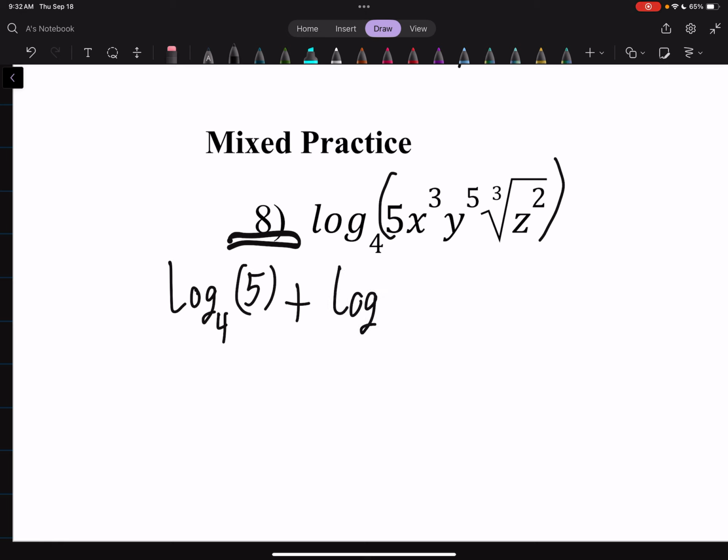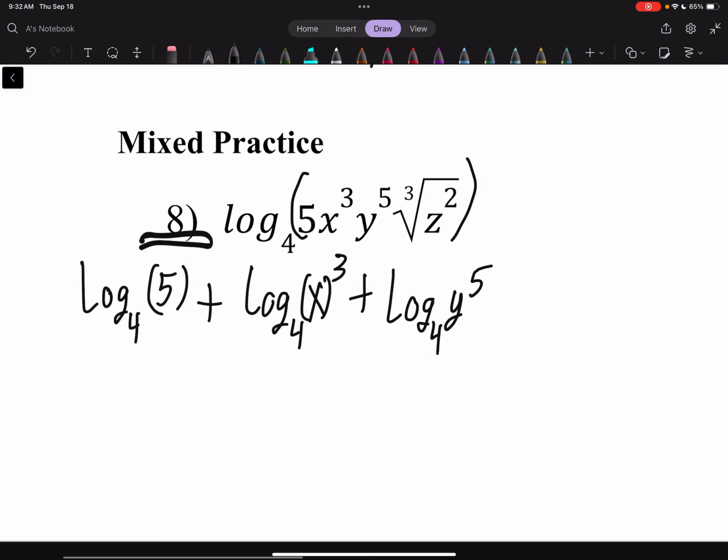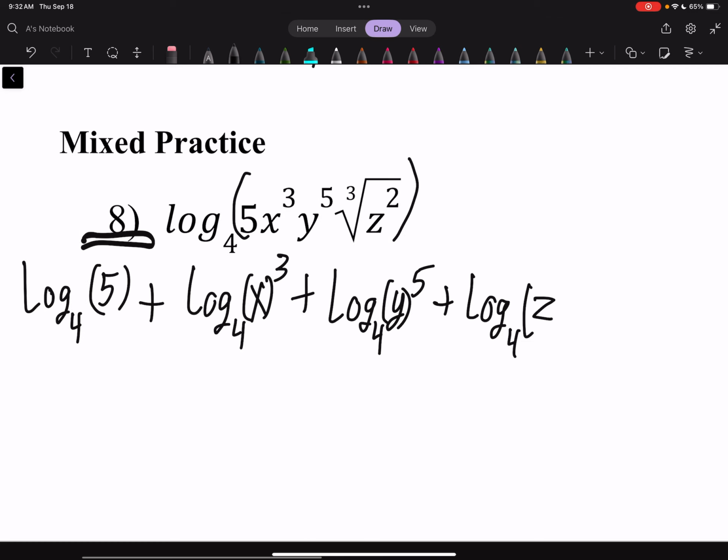Log base 4 of x to the 3rd plus log base 4 of y to the 5th plus log base 4 of z. Now remember exponent rules. If I have an nth root, it's just the number on the denominator. So this is log base 4 of z to the 2/3 power.